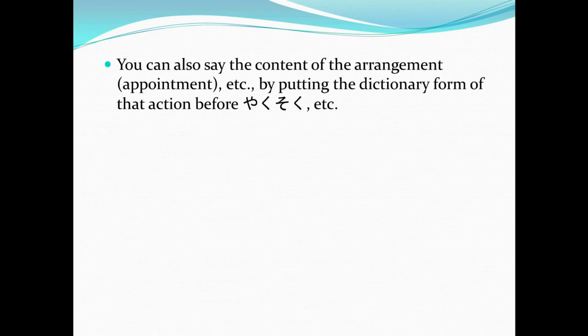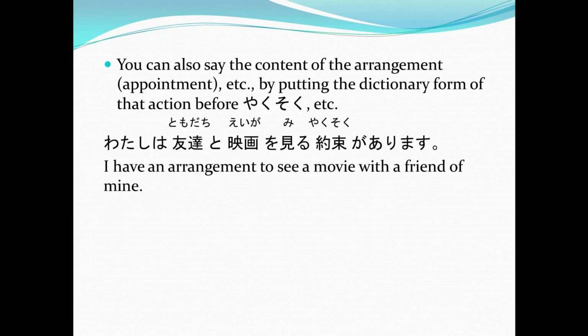Now, let's move on into using yakusoku and yoji. You can also say the content of the arrangement or an appointment, etc. by putting the dictionary form of that action before yakusoku or, as I said, yoji. Example, 私は友達と映画を見る約束があります. Or I have an arrangement to see a movie with a friend of mine.